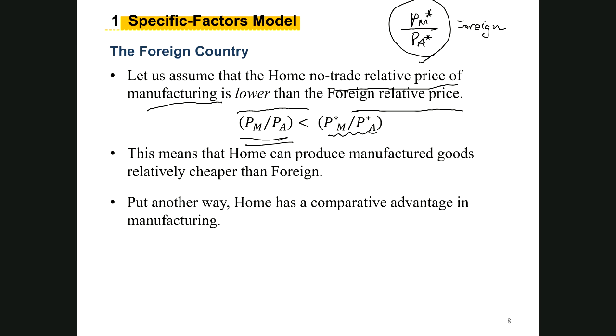Okay? So if you think about this, your goods are relatively cheaper. Does this imply something about your technology? For example, in the home country, their manufactured goods are cheaper than the agricultural goods.